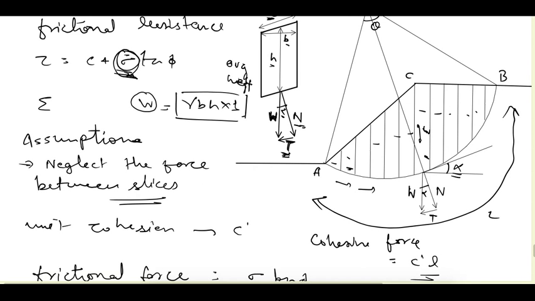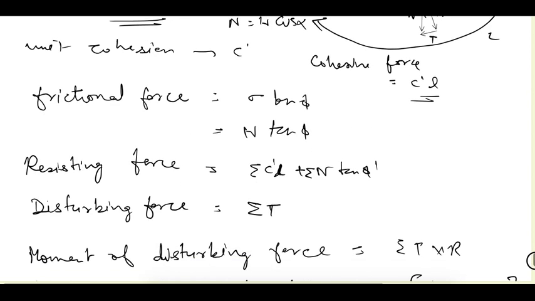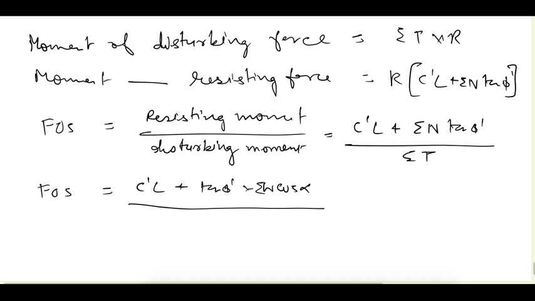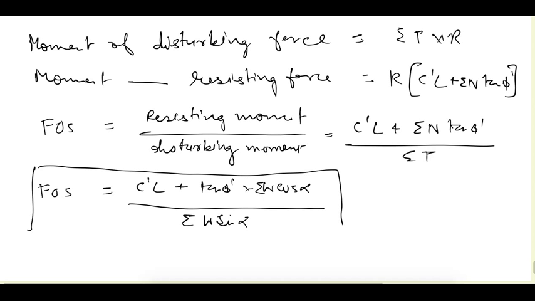If we see in this triangle, T will be W sin alpha and N will be W cos alpha. So we can replace the values here. The factor of safety can be written as c dash L plus tan phi dash into the sum of W cos alpha, divided by the sum of W sin alpha. This way we can find the factor of safety in case of a c-phi soil.